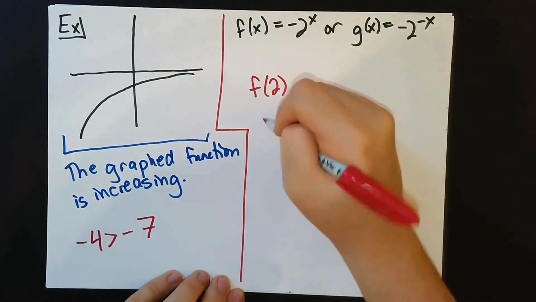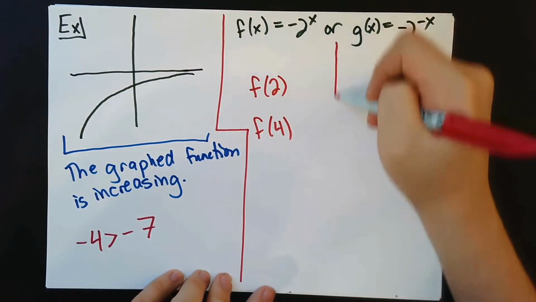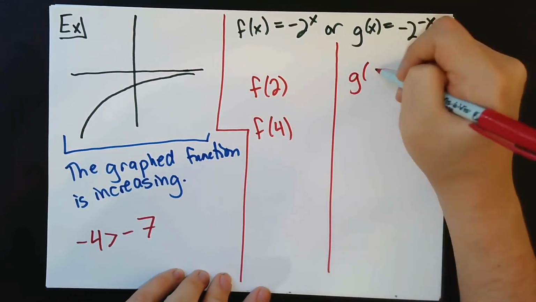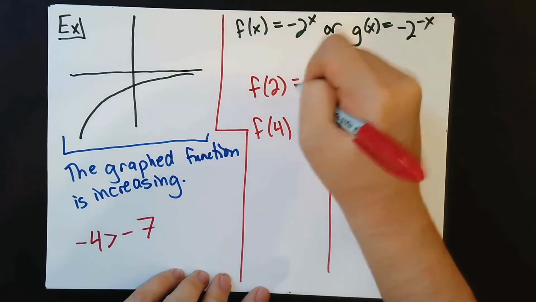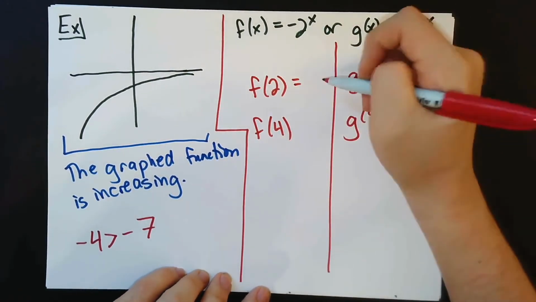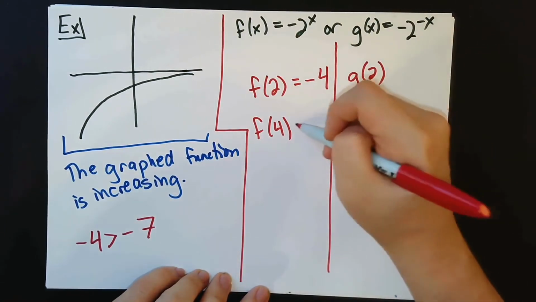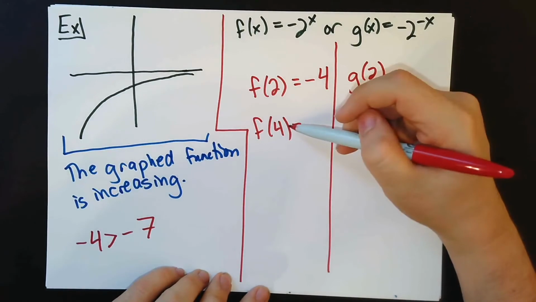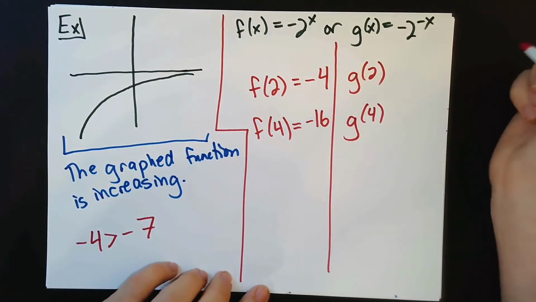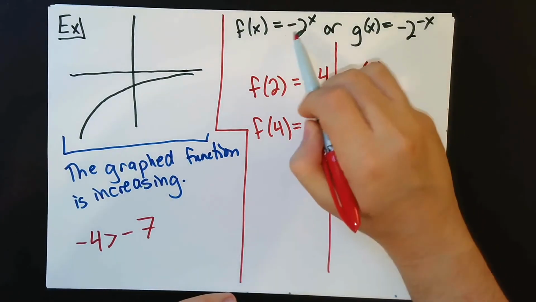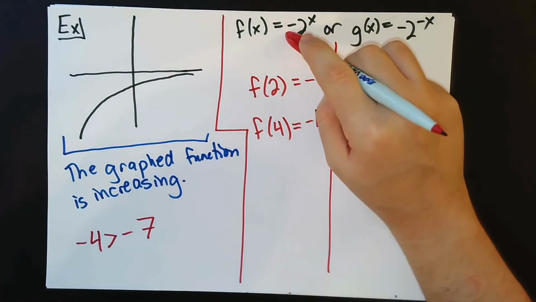And so I'll go ahead and calculate f of 2 and f of 4, and g of 2 and g of 4. Okay, so f of 2 is minus 4. f of 4 is minus 16. Do note, when I have a minus 2 to the x, the power comes before the minus.